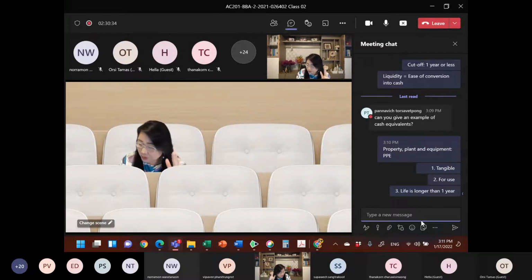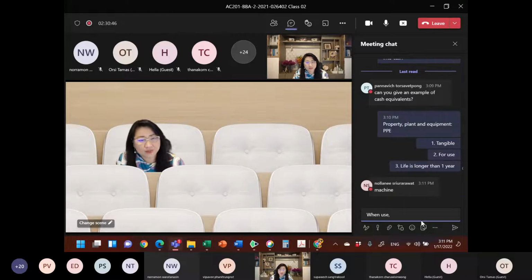So can you please list the assets under this category? Tangible property, you have them for use, and the life is longer than a year. Would you be able to think of anything? Machine, all right, very good. What else?